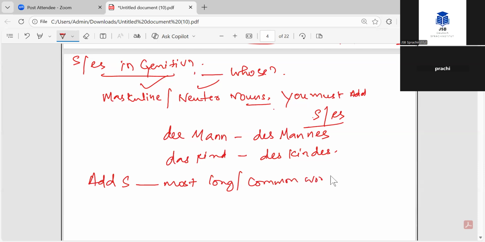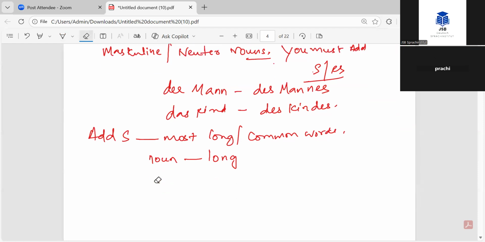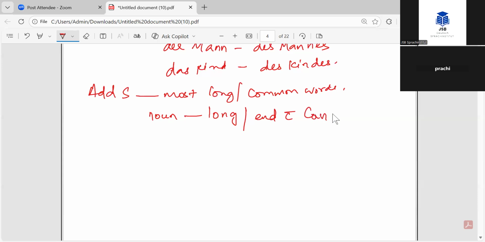So when do we add s and when do we add es? Add s for most long or common words. Okay, if the noun is long, and ends with a consonant cluster, normally we can use s.